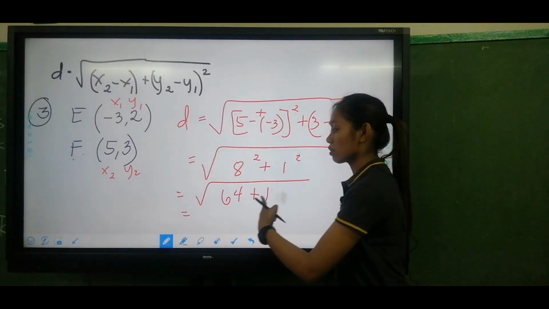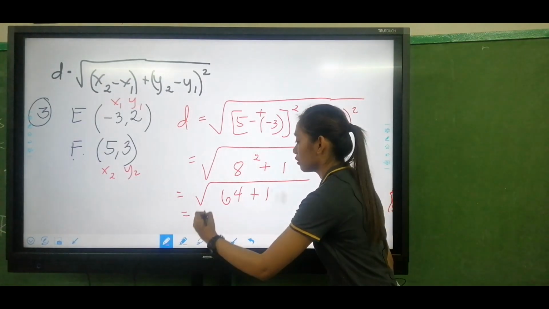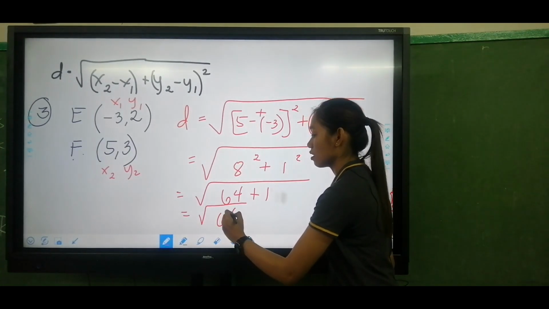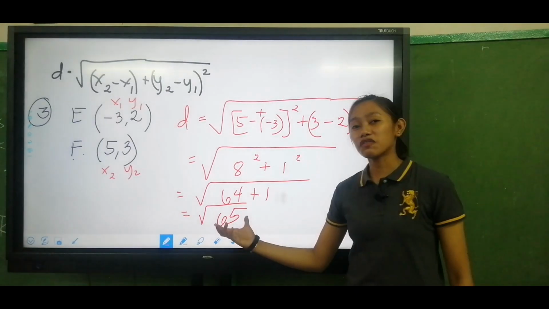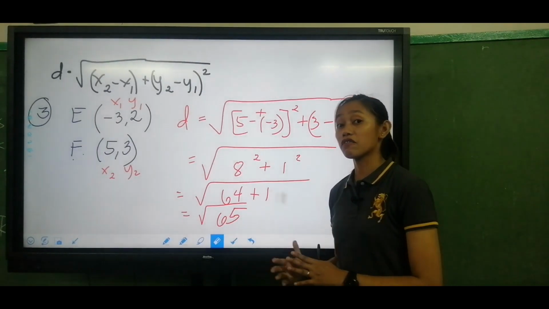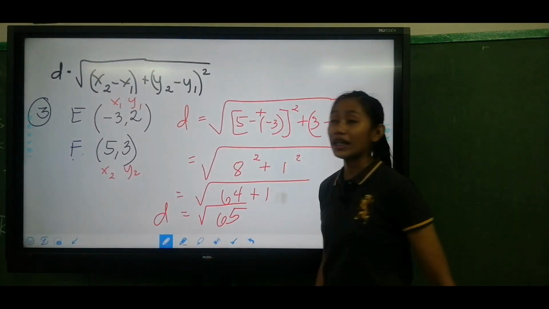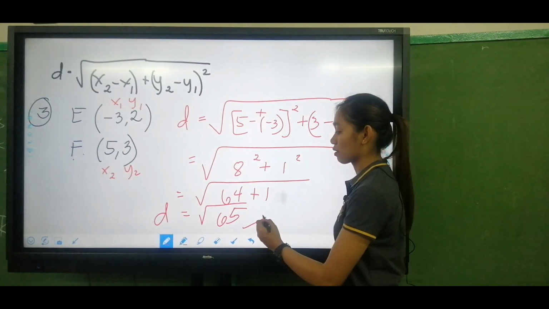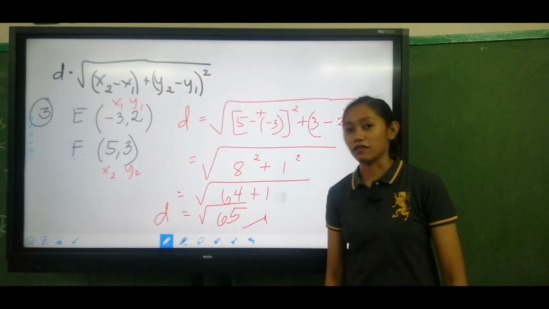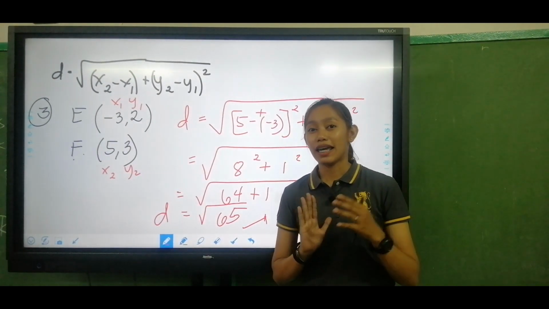So, add them, 64 plus 1, so that will be square root of 65. So, wala nang factor si 65 na perfect square, kaya po our final distance between point E and point F is square root of 65.